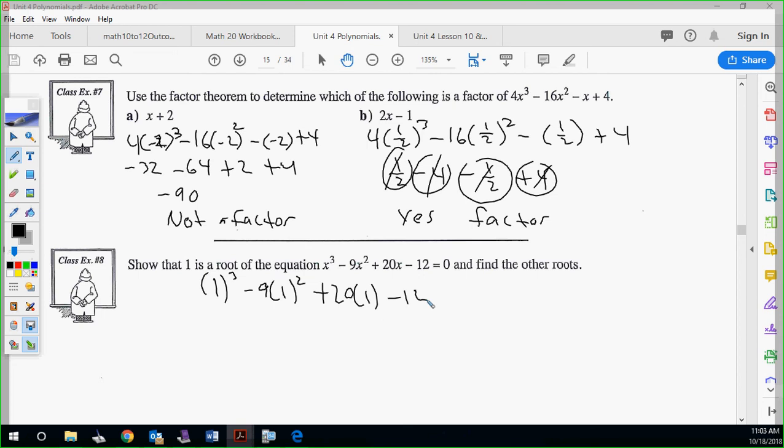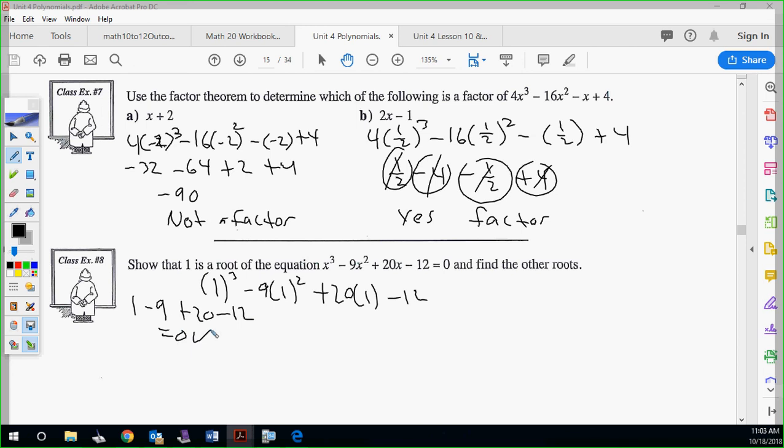The tricky part of this one is kind of fun, to find the other roots. If you plug this in, we're going to get 1 minus 9 plus 20 minus 12. So we have -8, plus 20 is 12, minus 12, 0. So 1 is a 0.